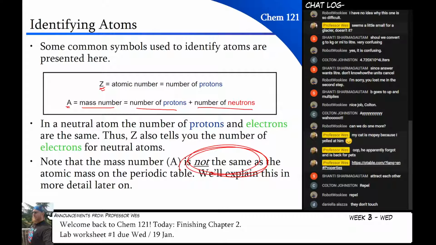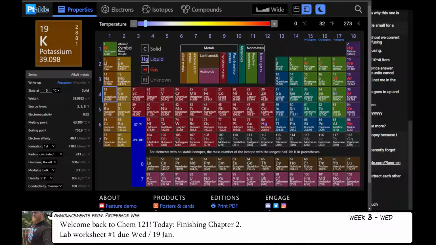So for now, if I go back to PTable here, this number on the top is going to be very helpful to us. But this number on the bottom, we're going to ignore. Ignore the atomic masses on the bottom. They are not mass numbers. Okay? Be careful.